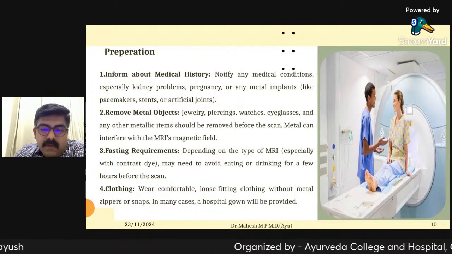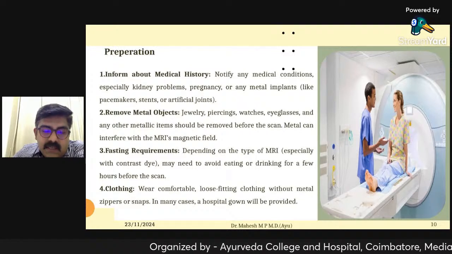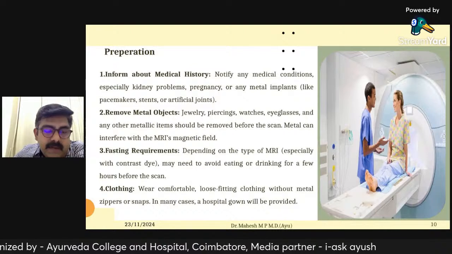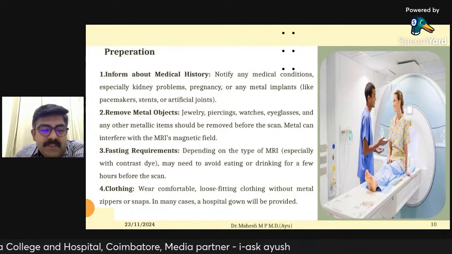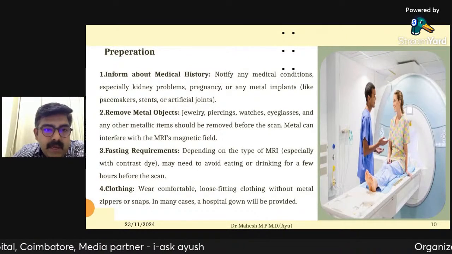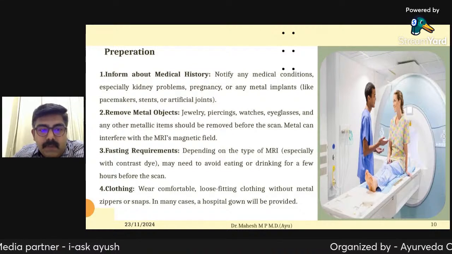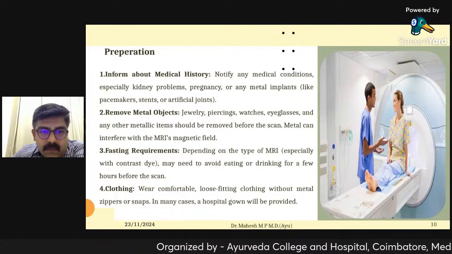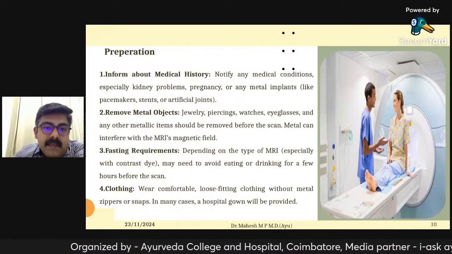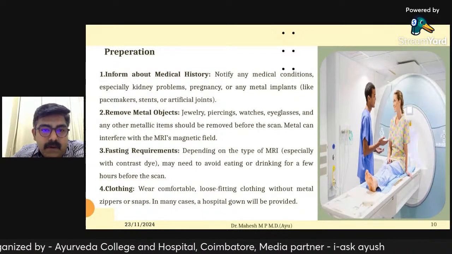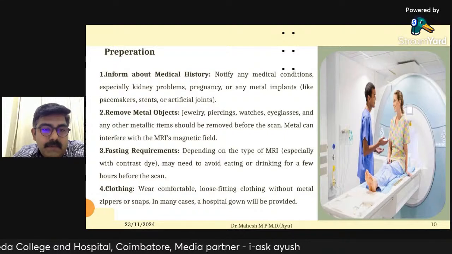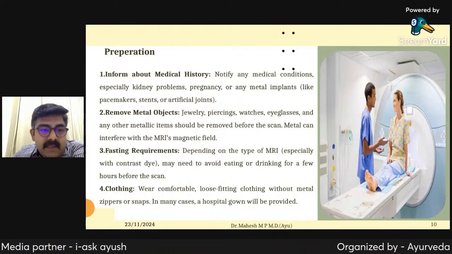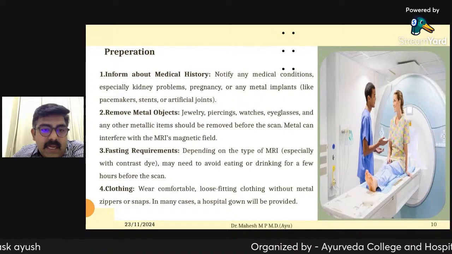Before the patient goes to the MRI room, some preparations are required. A person who has to undergo an MRI scan has to inform about the detailed medical history. The doctor in the MRI room has to be notified of all medical conditions, especially kidney problems, pregnancy, any metal implants, pacemakers, stents, or artificial joints.